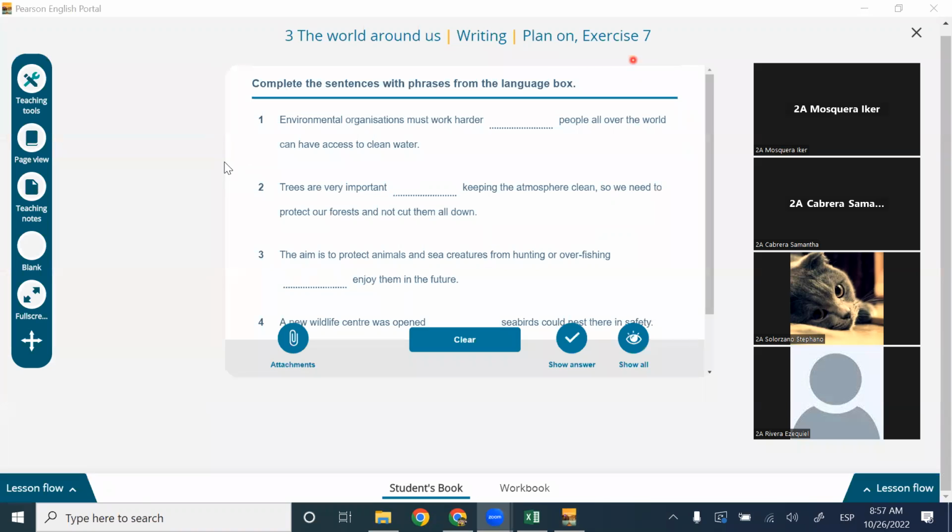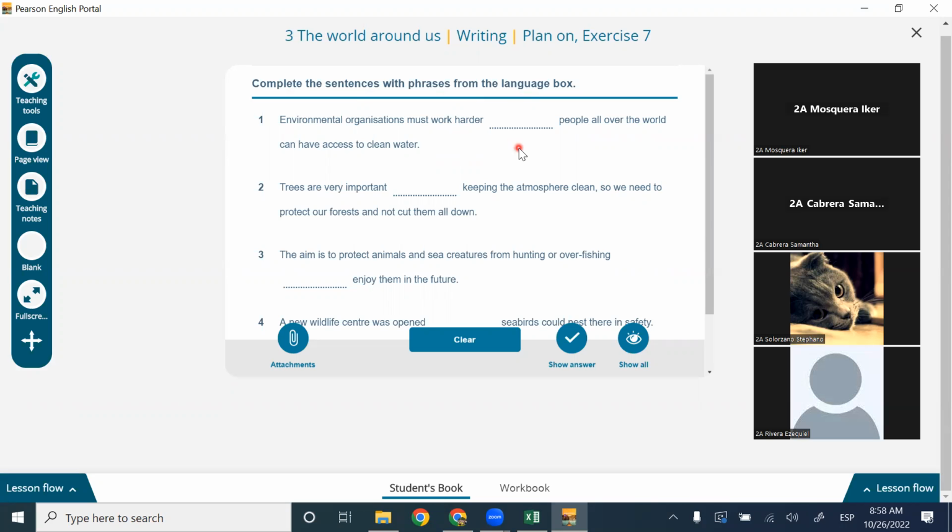Okay. Estefano Solórzano, continue. I'm here, Miss. Complete the sentences with phrases from the language box. Number 1. Environmental organizations must work harder in order to, so as, for.